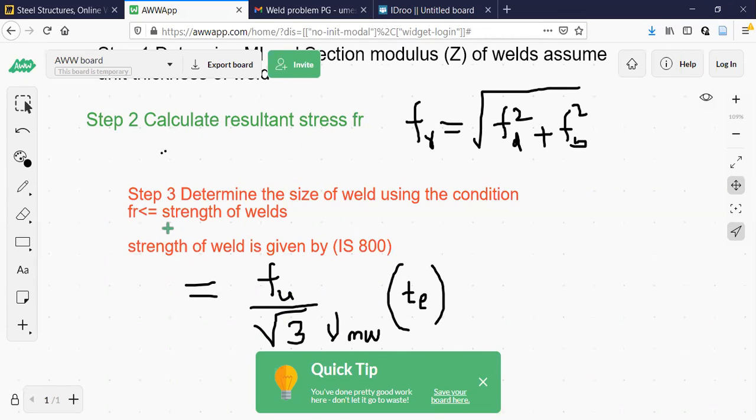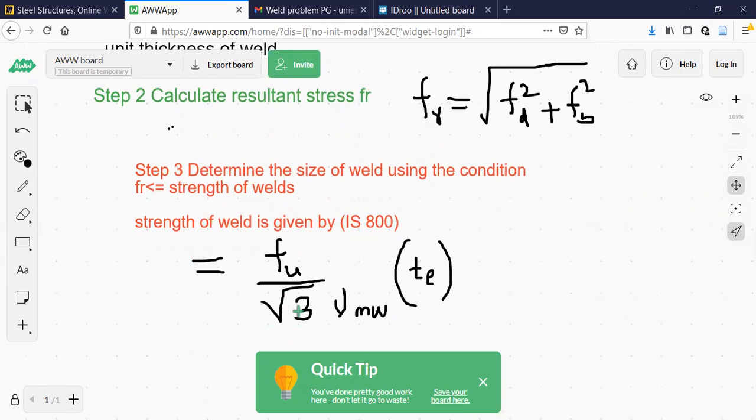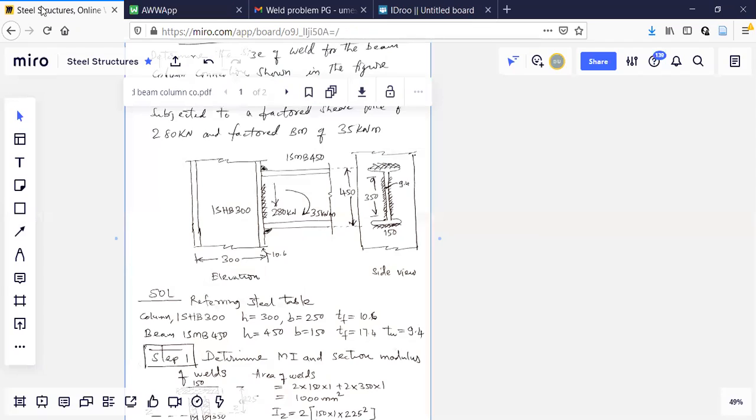Strength of weld is given by the equation as per IS 800: Fu by root 3 into gamma mw. I have introduced the throat thickness here because I am going to solve this problem assuming unit thickness, so that the calculation becomes easy.